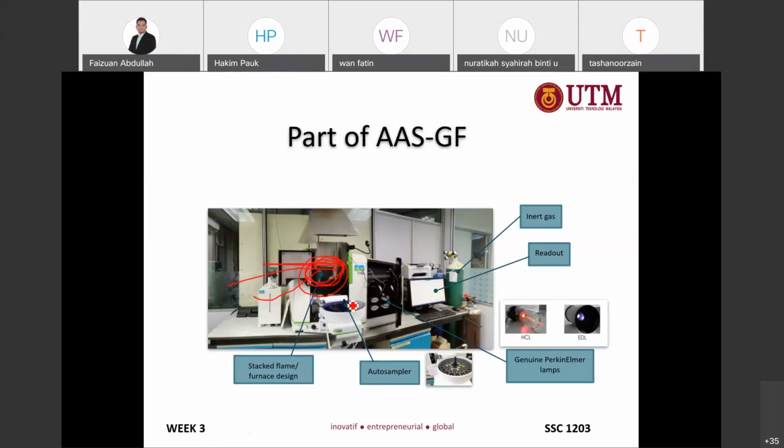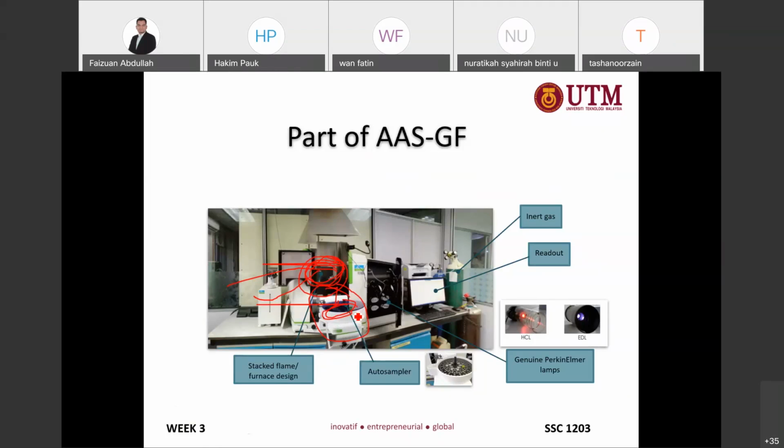We also put the auto sampler here, because remember I told you, it is not the operator who puts the sample inside the graphite furnace. We have an auto sampler automatically. The auto sampler has a very small tube that will suck a sample from the sample compartment. We put a very small amount of sample, and a lot of samples could be placed here, but in a small quantity.